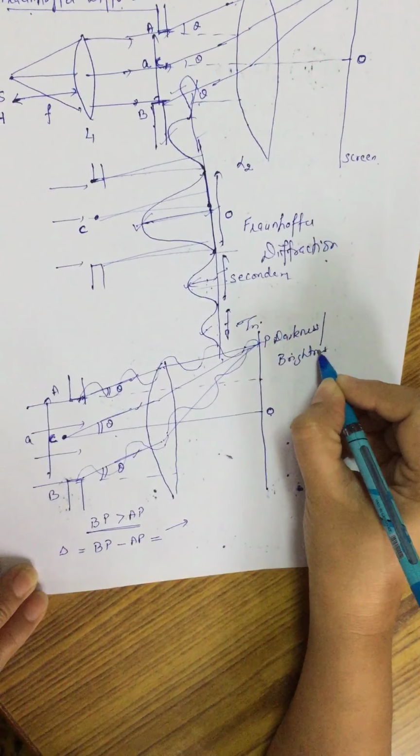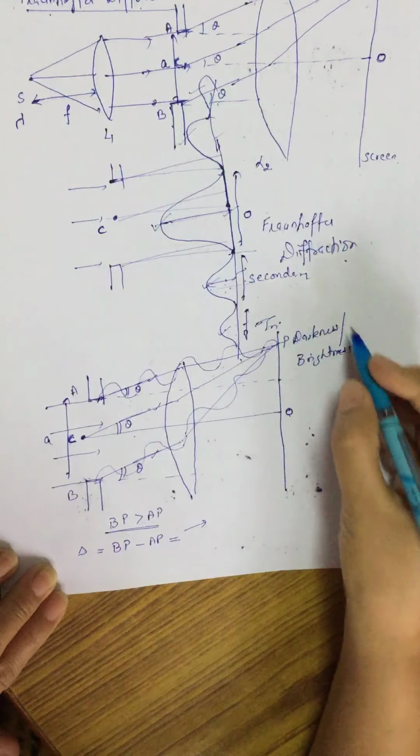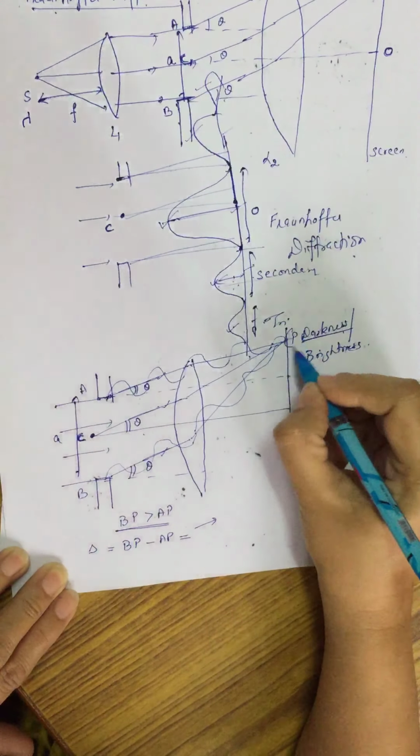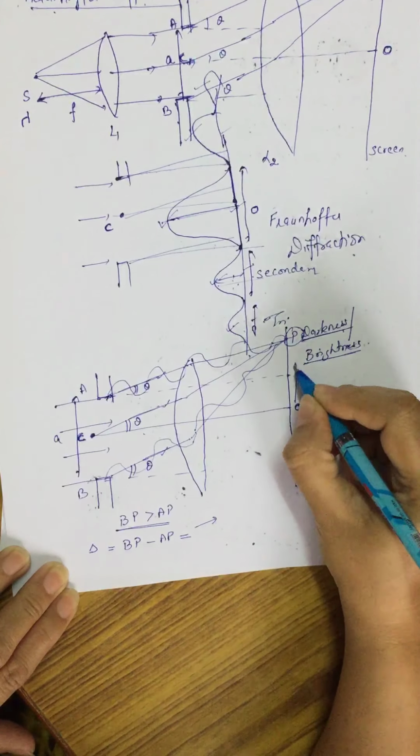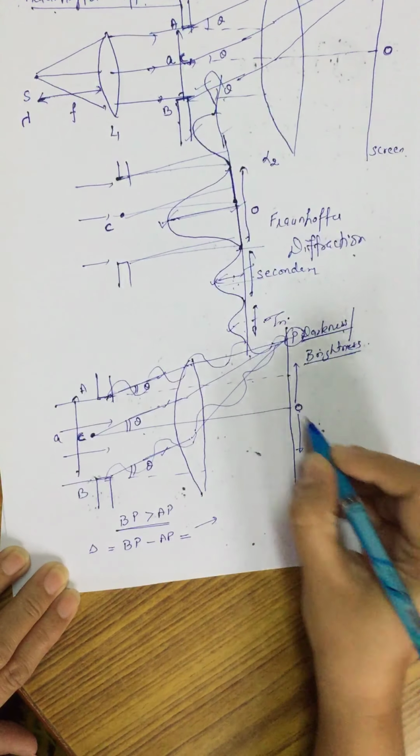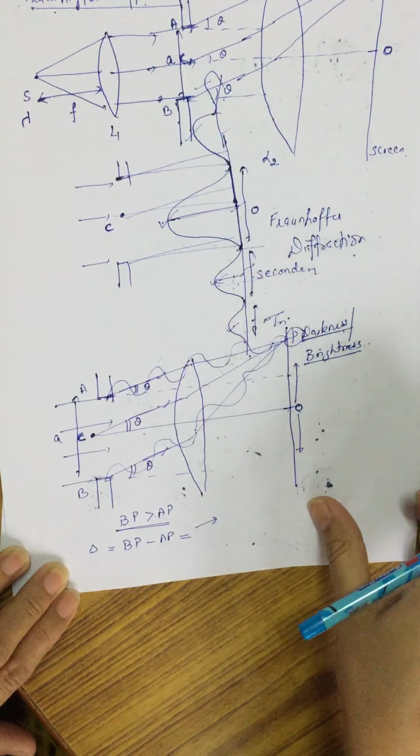Now we will discuss the different cases by which we obtain darkness or brightness above as well as below the center of the screen.